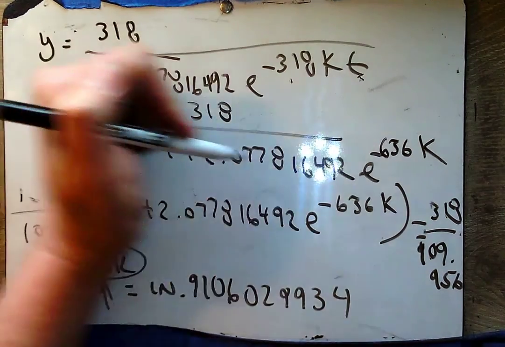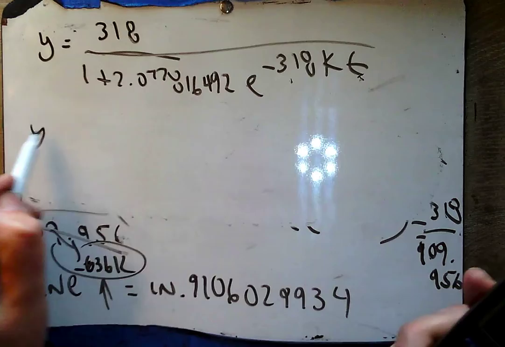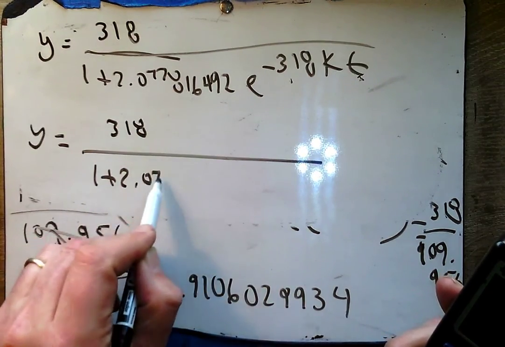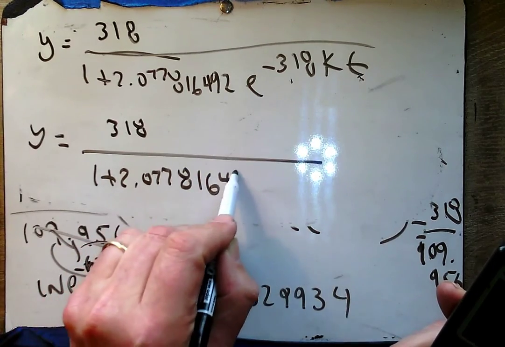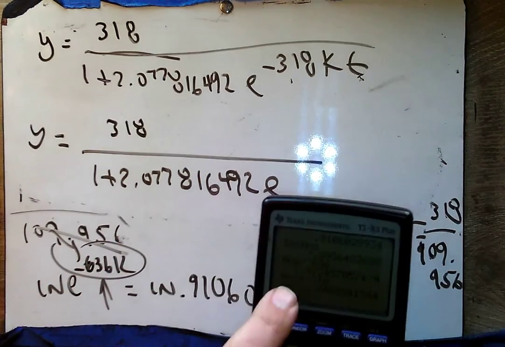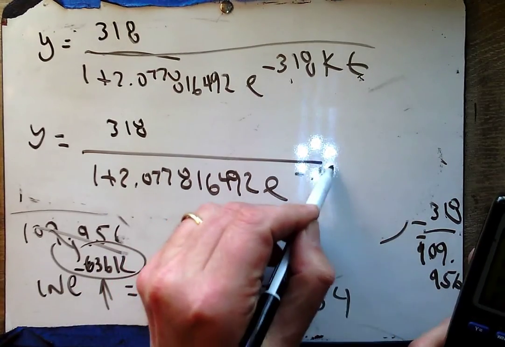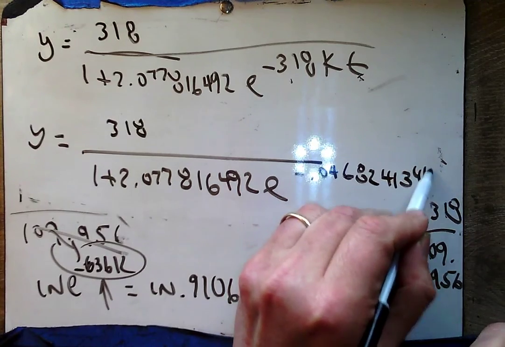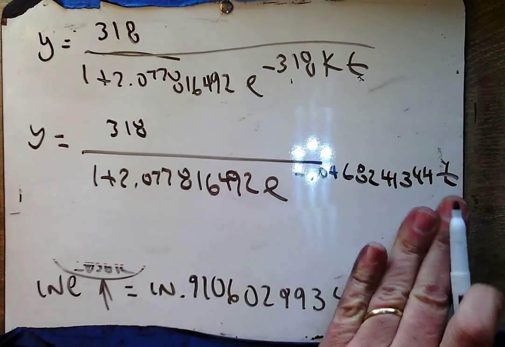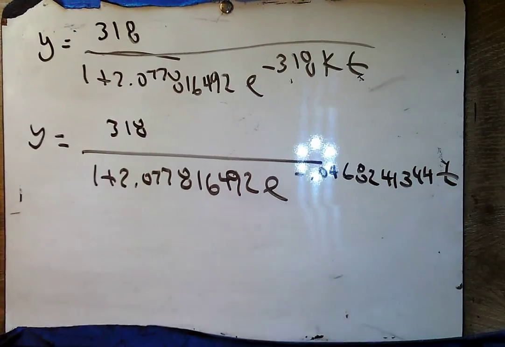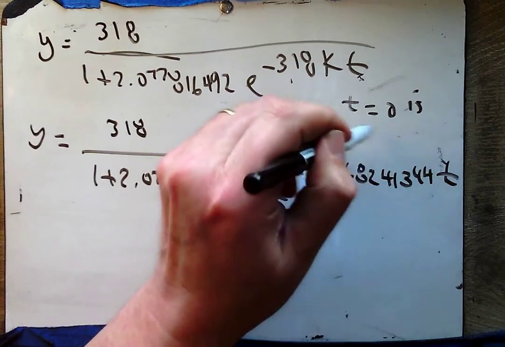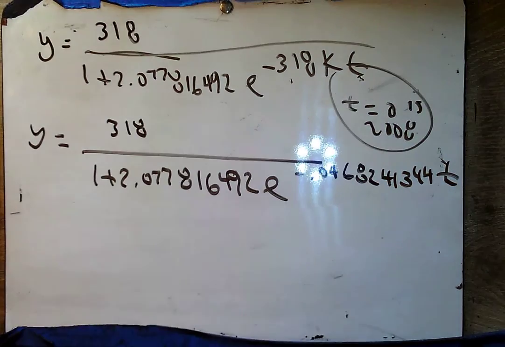All right, so now I can finally write y equals 318 over 1 plus 2.077816492 e raised to this number, negative 0.046824134 t. Hot dog. That's our obese American model. Remember, t equals 0 is 2008.